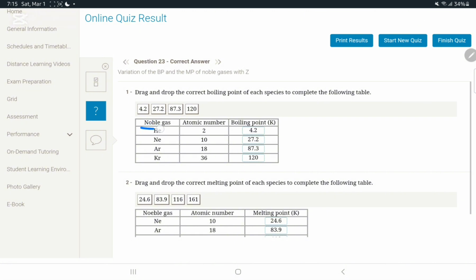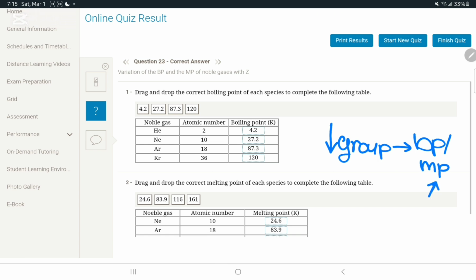Here we have noble gases. In noble gases, as you go down the group, the atomic number increases, and the boiling point or the melting point will increase.